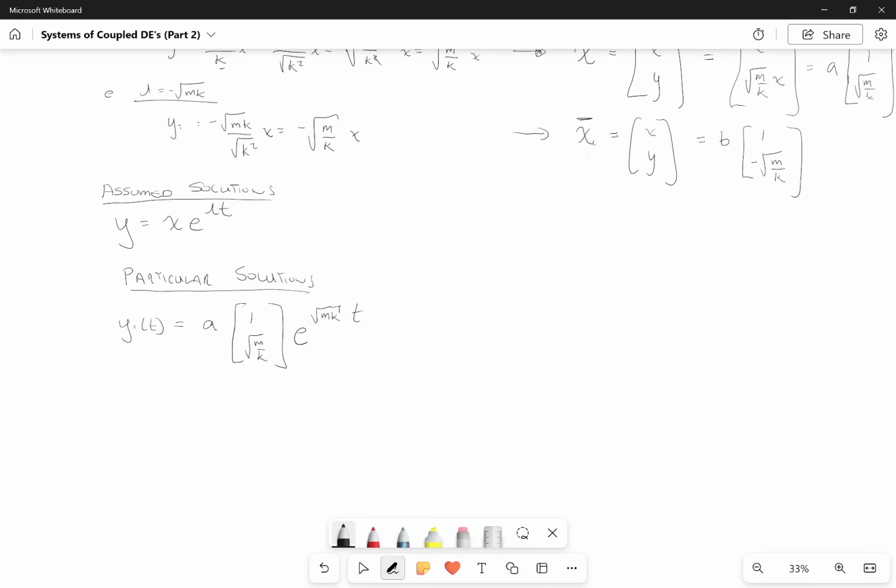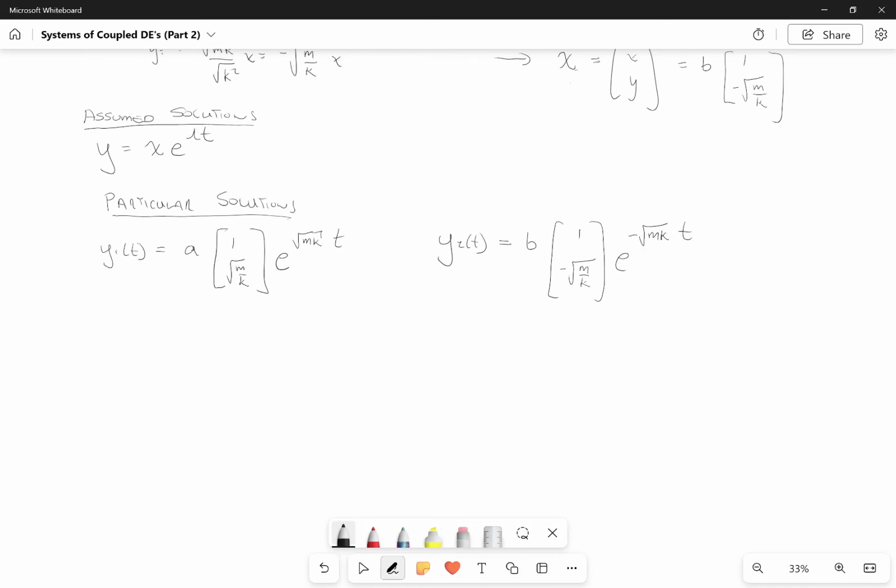The other particular solution, y2 of t, is some constant, b, times this column vector, times e to the negative square root mk times t. That's the other lambda, the second lambda here.